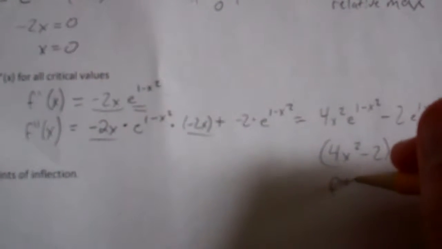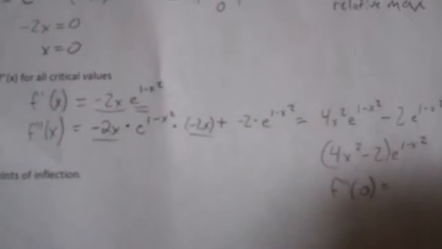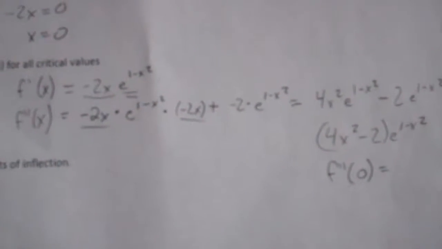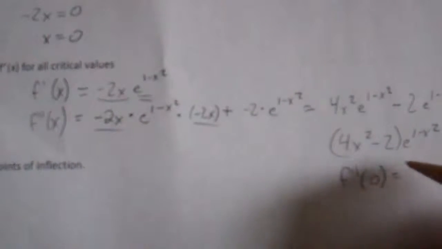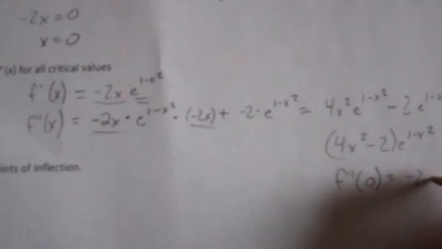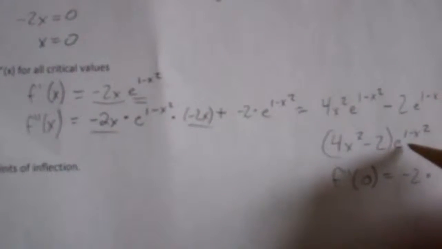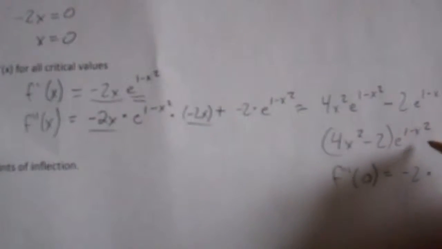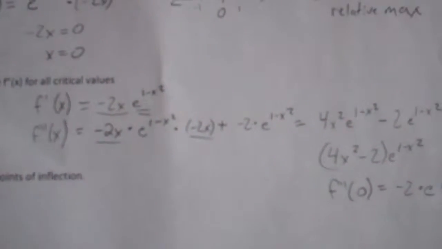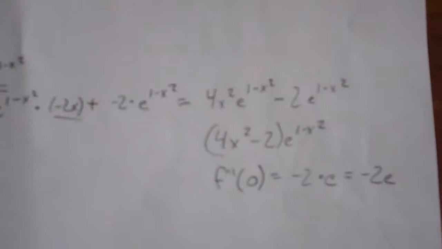This part of the problem just asks me to evaluate f double prime of my critical values, of which I only have one. So that would be f double prime of 0, which in this case will be 4 times 0, which is 0, minus 2, so negative 2, times e to the 1 minus 0 squared, which is e to the 1. So I get negative 2e.